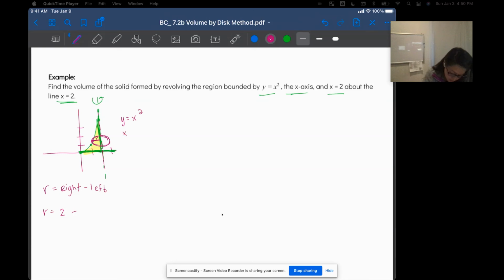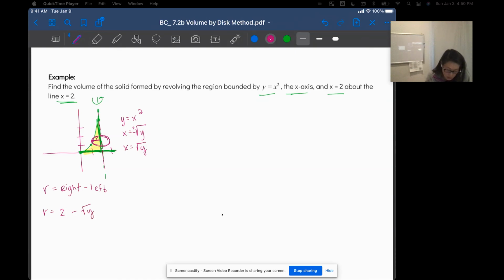Let's write that in terms of y, so the square root of y, and it's only the positive side, the positive square root of y. So it's 2 minus the square root of y that gives us our radius.